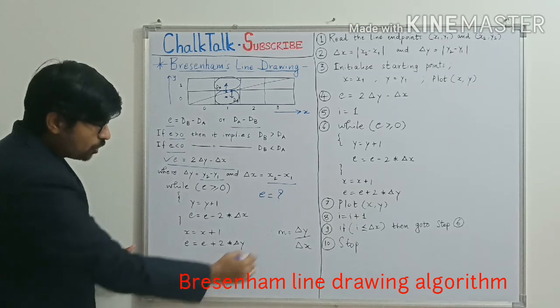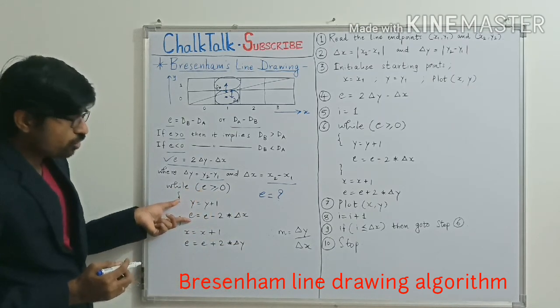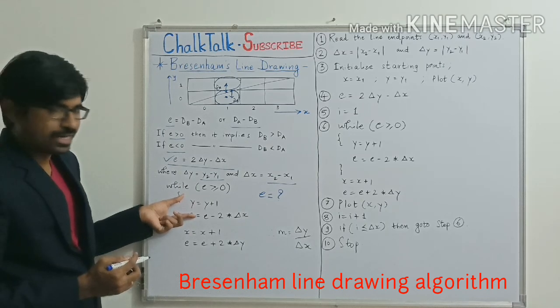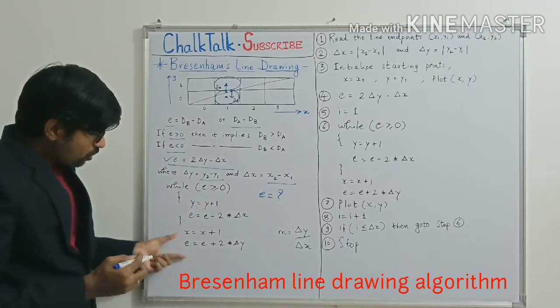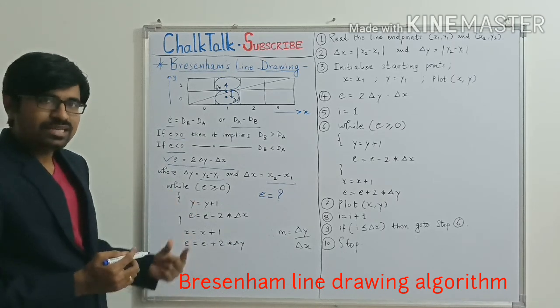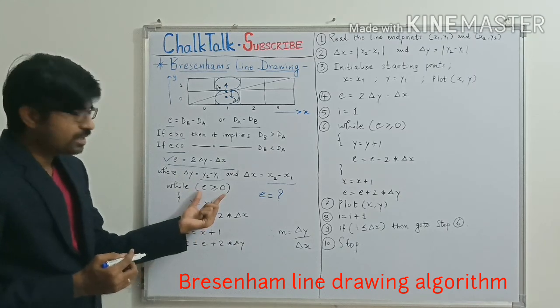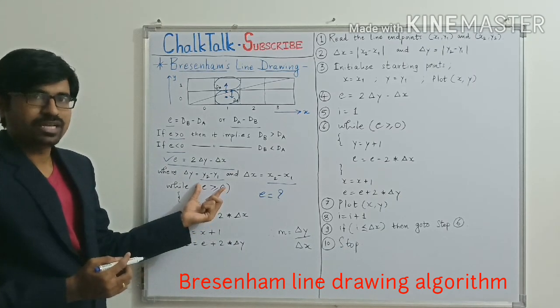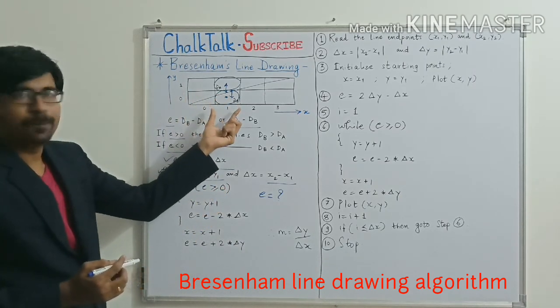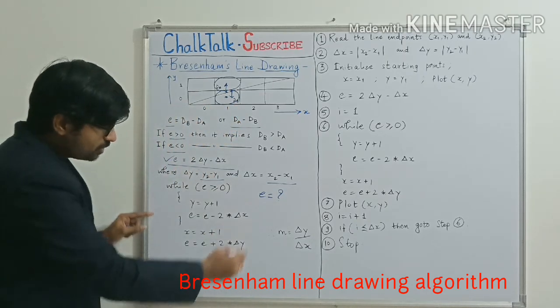In this entire logic, if the condition is true, you work only on the y coordinate, and if the condition is false, you work on the x coordinate. It means that at a single instance you will increment either y or x depending upon the condition of E, the decision variable, which is decided with the help of the pixel closer to the true line. I hope you are getting this mathematics.